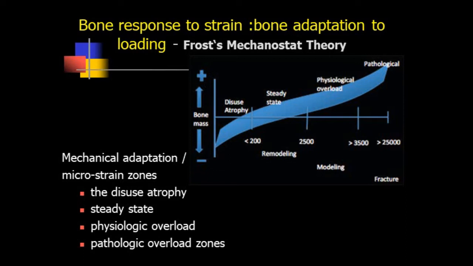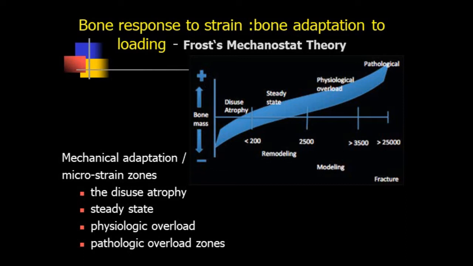So there are 4 types of zones, and among these, the disuse atrophy zone and the pathologic overload zone result in a decrease in the bone volume, whereas in the steady state zone, there is a formation of organized, highly mineralized lamellar bone, that's a favorable bone, and the physiologic overload that covers a range between 2000 to 4000 microstrain results in an increase in bone mass, where the bone formed is woven bone, that is an immature bone that is less mineralized, less organized and consequently weaker than the lamellar bone.